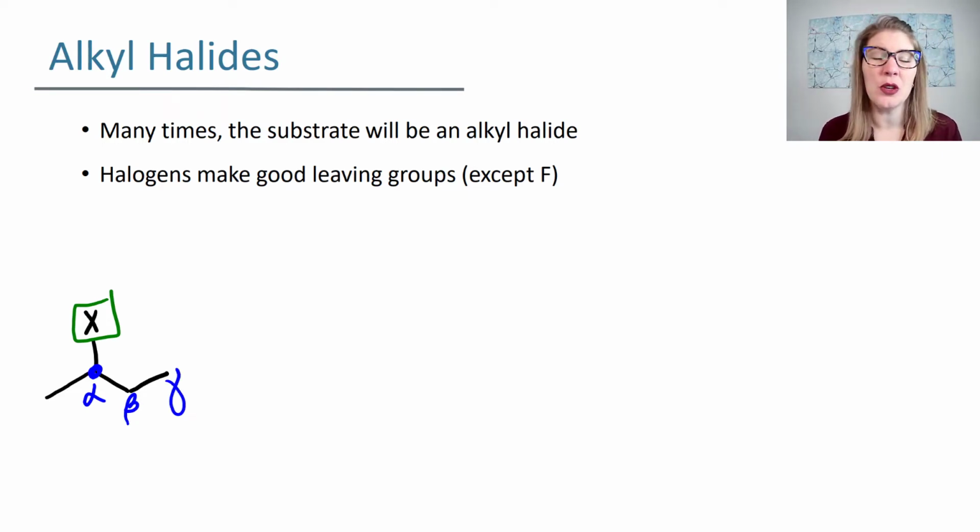In this example, you have a different beta carbon on the other side, and so you actually have two different beta locations. And I say different because unlike the last molecule that was symmetrical, this molecule is not symmetrical. So these really are protons that are in different environments that if you abstracted one versus the other, they would give rise to different products.